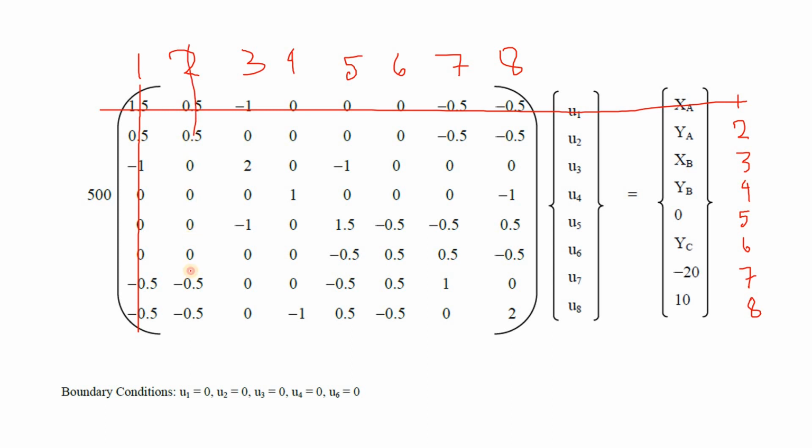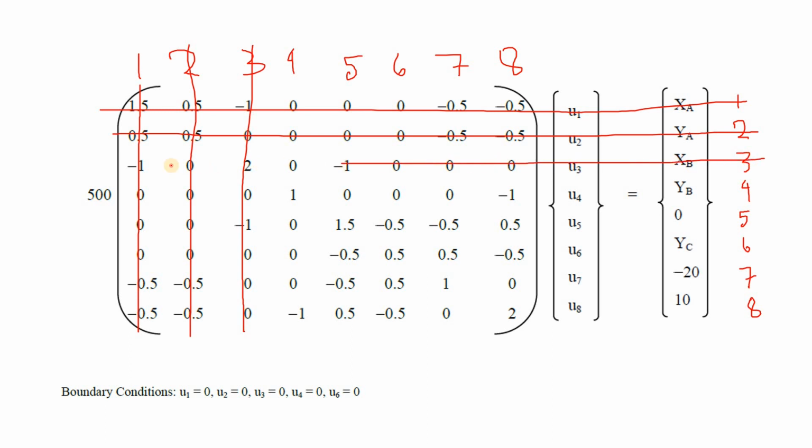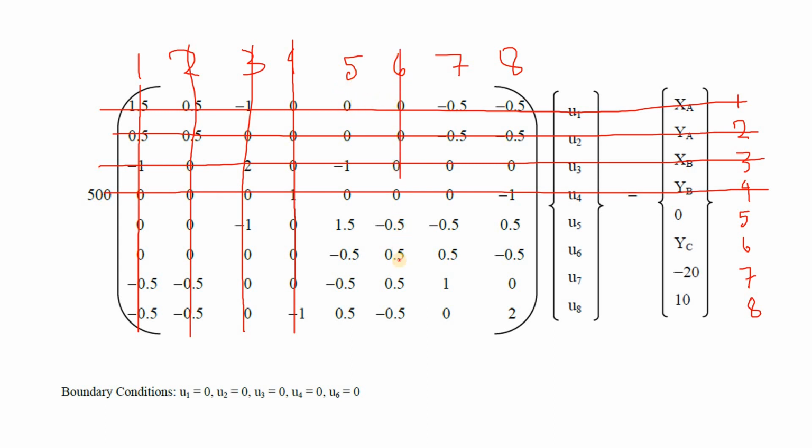We know 2 is 0, so this is out of the picture. We know 3 is 0, so 3 is out of the picture. We know 4 is 0, so 4 is out of the picture. Now 5, we don't know if it's 0 or not, so we're going to leave it at that. And 6 we know is 0, so it's out of the picture.